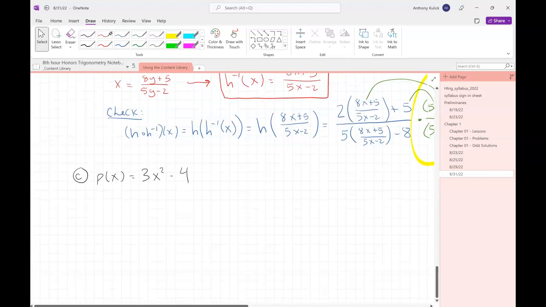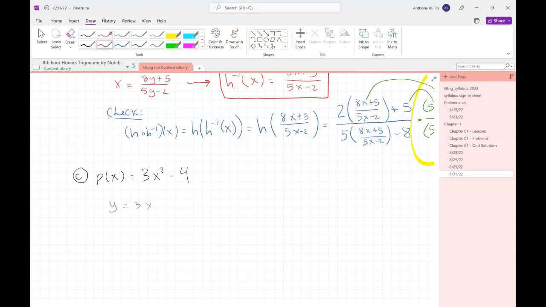What do you notice about this function, p of x? It's a parabola, right? That's a quadratic function. Its graph is a parabola. Is that one-to-one? No. What can I say then about p inverse? I don't expect this to be a function. Can I still do this? Yeah.